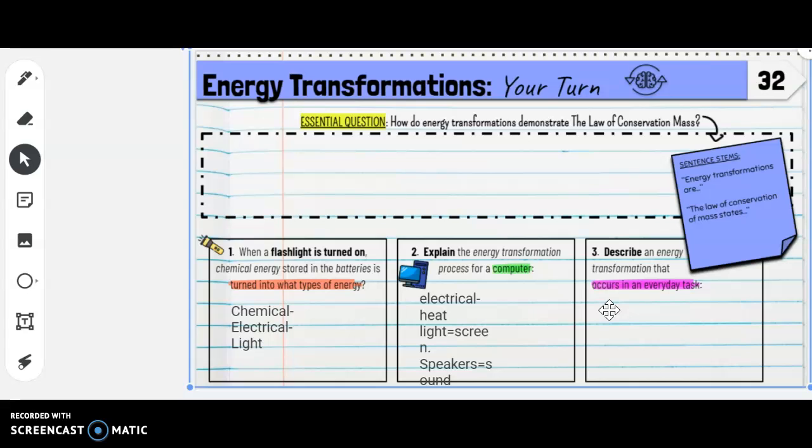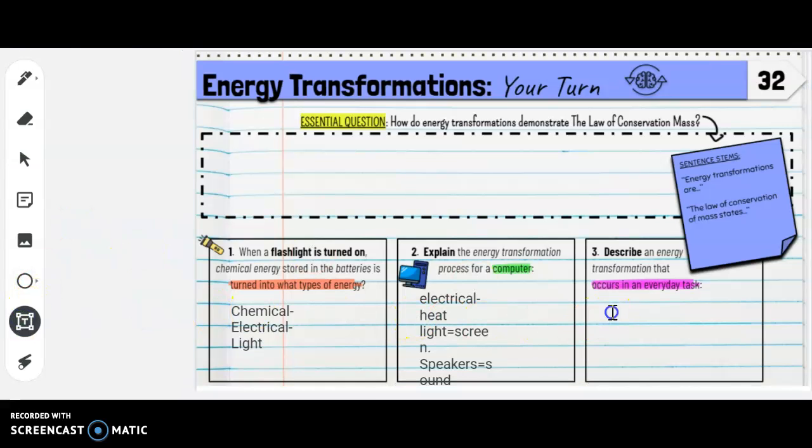So if you're charging your cell phone, guess what? You start off with chemical energy, which is your battery. So let me type here. Our first one is chemical energy. That's your battery in your phone.